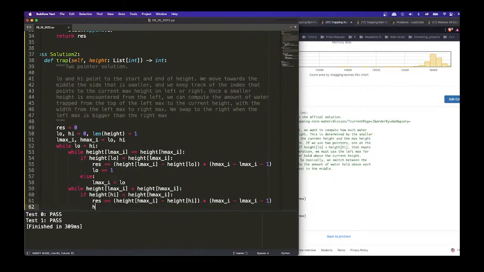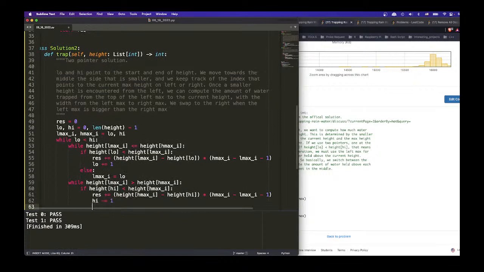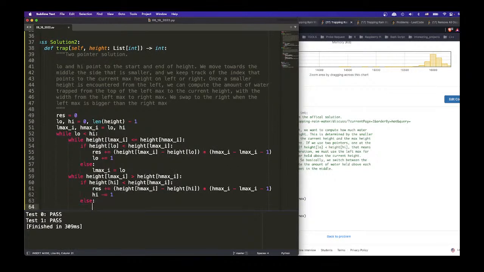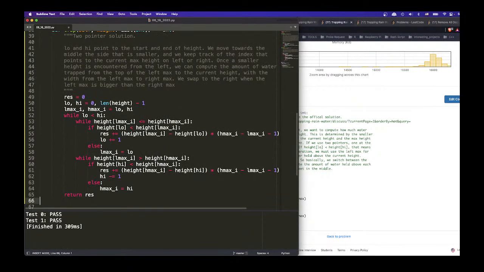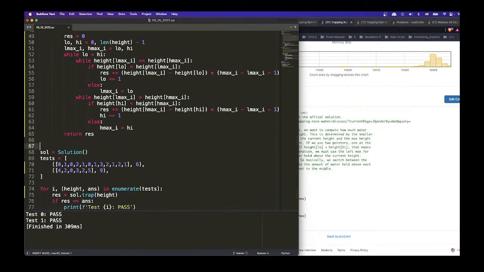And high minus equal 1. Else, if height high is equal to this, then we say h max I equals high. Now we keep going, now we return res. Okay, let's try.